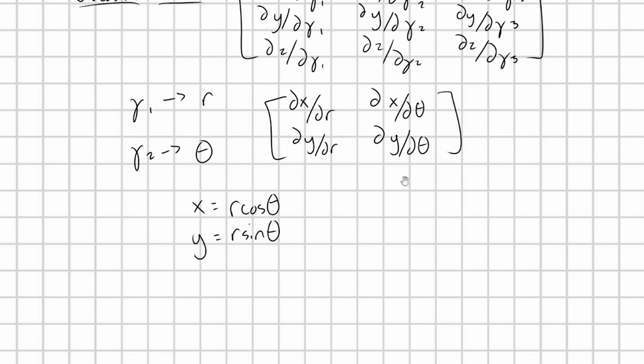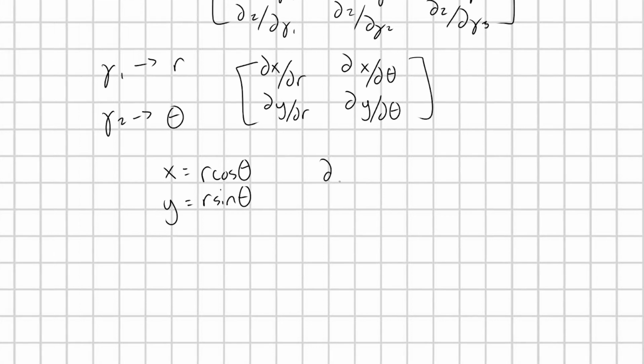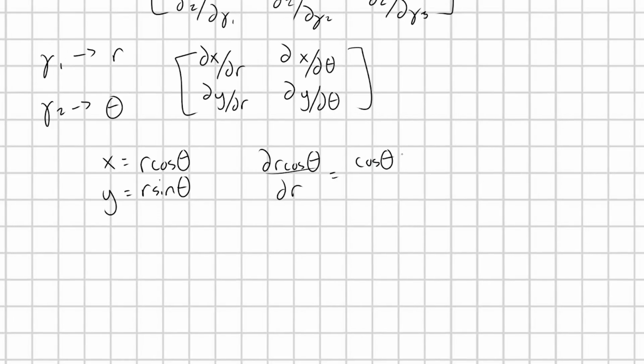And now we have everything we need to compute this out. What is d r cos theta? I'm just literally plugging this in for x here. What is d r cos theta with respect to r? Oh, that's just going to give us cos theta. Next, what is d r cos theta with respect to theta? Oh, that's just minus r sine theta.